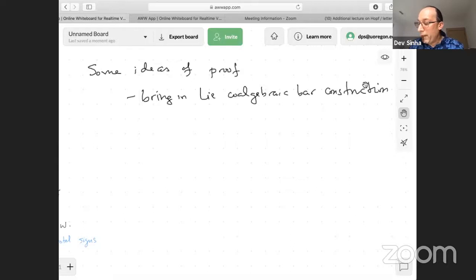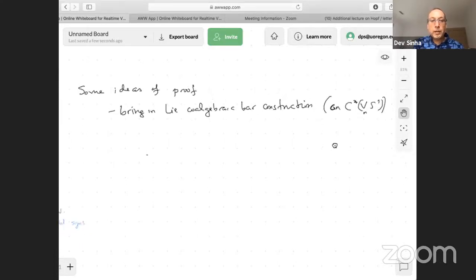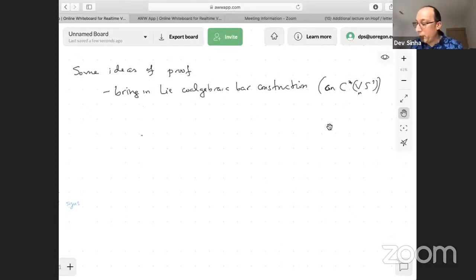So even though we have these symbols, we're going to take the Lie coalgebraic bar construction, and this would really be on the cochains of a wedge of spheres with as many one spheres as I have free group generators. So, and again, with even weight reduction.